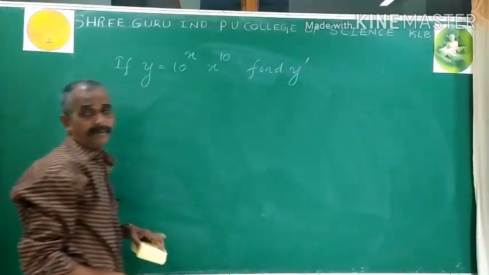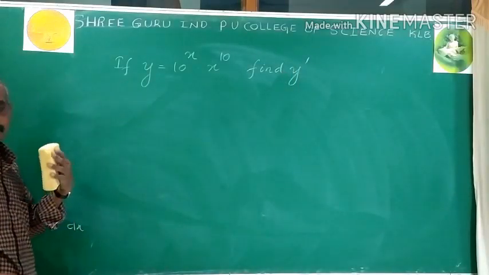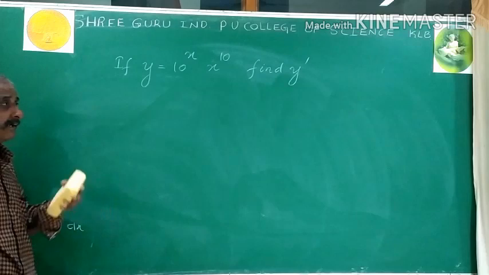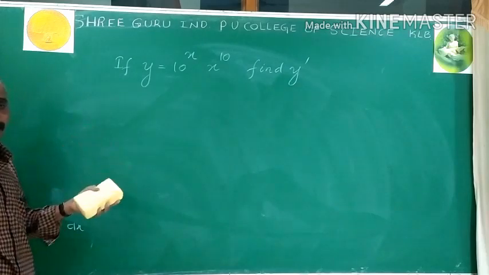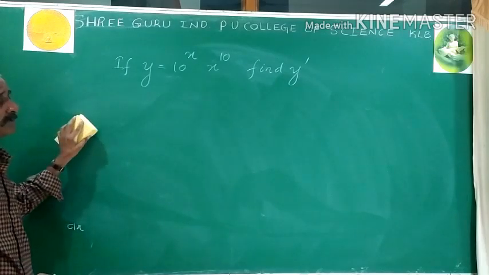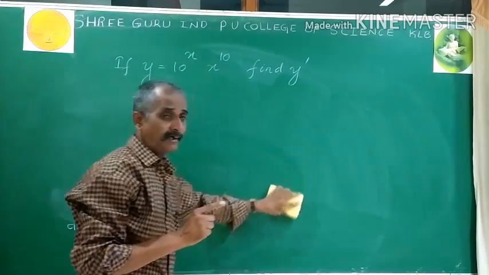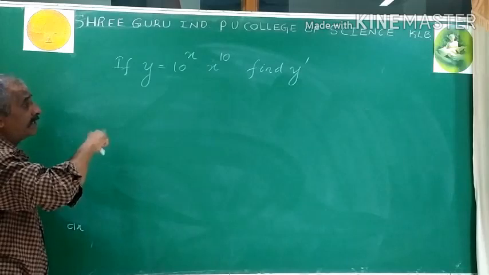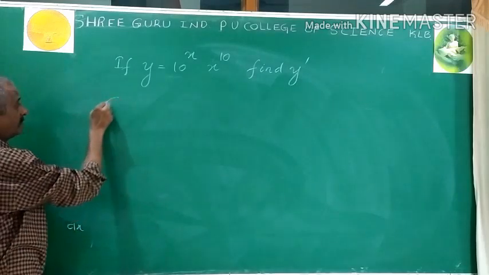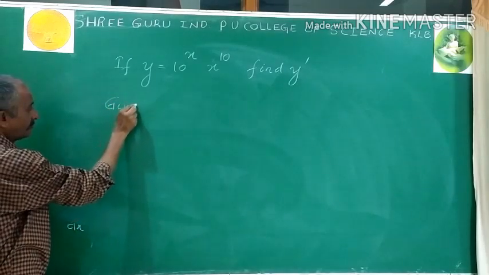Note that you can write y dash, dy by dx, f dash x, capital D of y; any notation can be taken. The notation is not very serious. Any one notation can be taken, but not all. Here it is asking y dash, so we shall write in the form of y dash, as given.